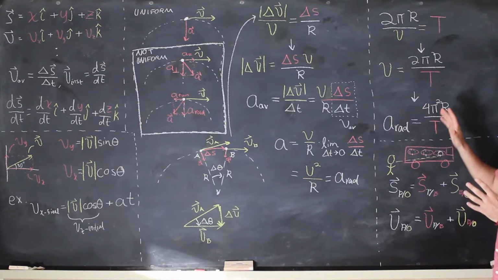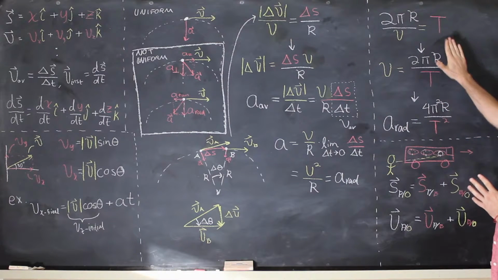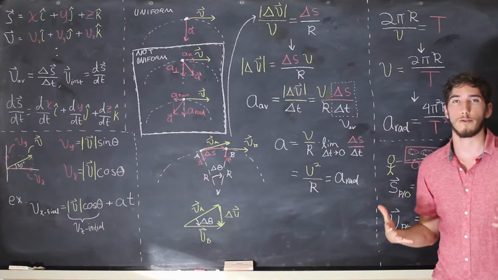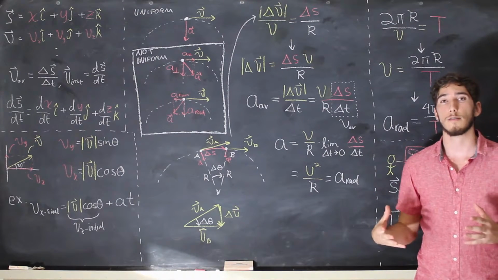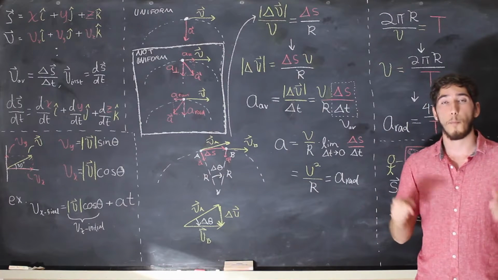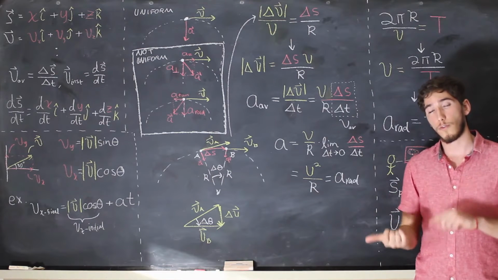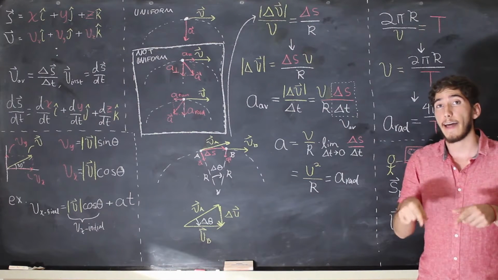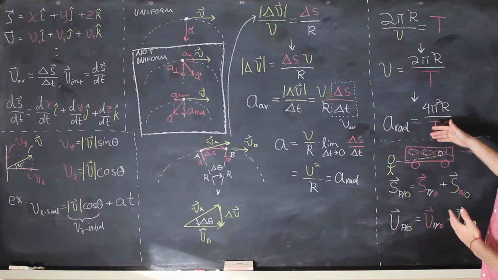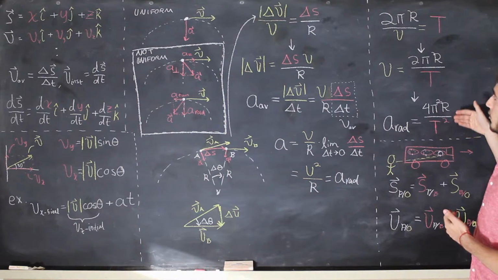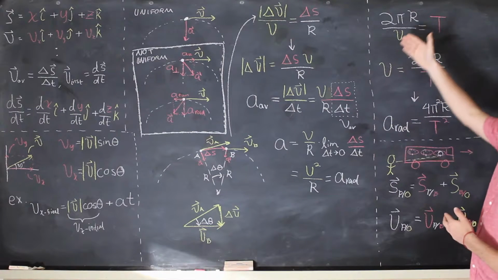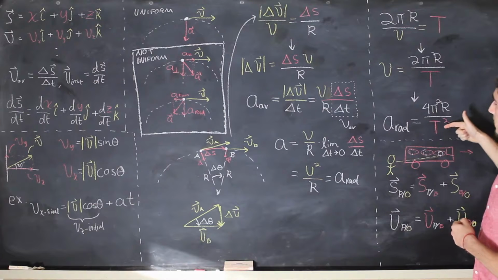Now it is important to remember, however, that it's the period that's dependent on the velocity. So when you're doing non-uniform motion, where the velocity is not constant, where the velocity is changing, then you're going to have to find the velocity at the point that you're looking at in order to find the period at that time. And so in order to find the acceleration using this formula, you would have to solve not only for the velocity at a given time, but also the period, and then back to this formula.